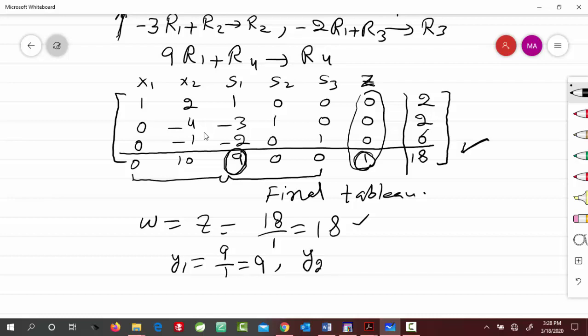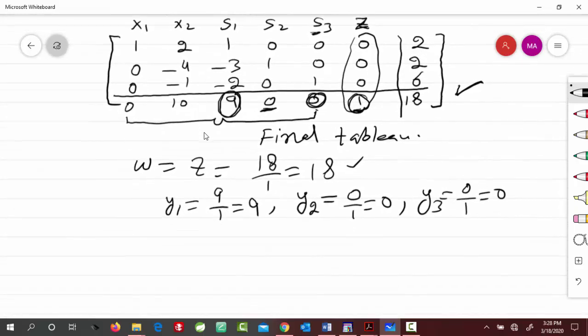Similarly for y2, you have to look under S2. This last number here, 0, divided by this 1, is equal to 0. Similarly for y3, look under S3, this column. The last number is 0, and 0 divided by 1 is 0.